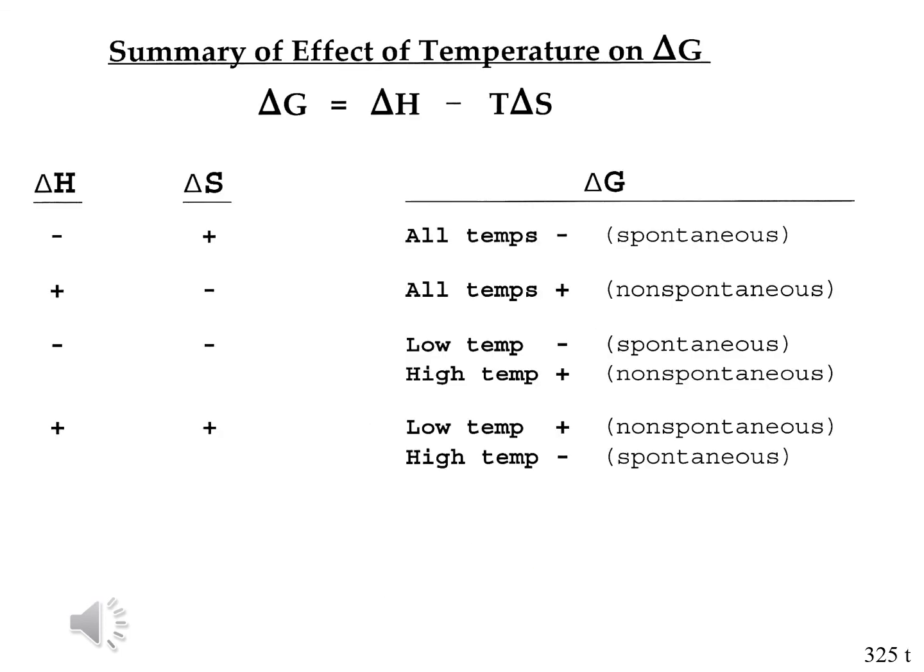Now, because of the fact that delta G changes with temperature, you can generate a table that shows how delta G changes by what the signs of H and S are. If you look at this, there's four possibilities. You can have for H and S negative, positive, positive, negative, both negative, or both positive.